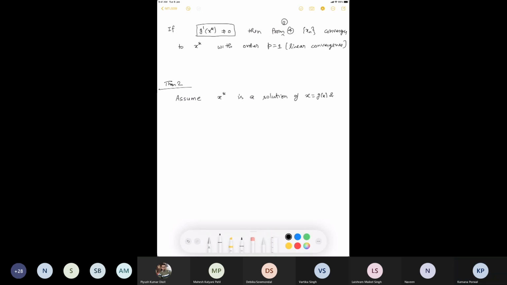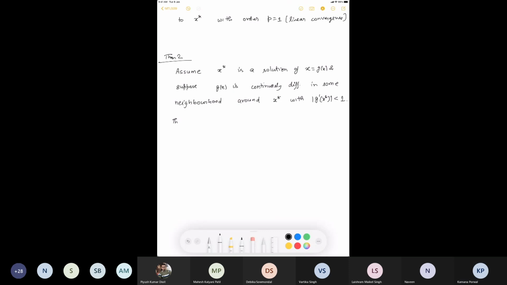And suppose g(x) is continuously differentiable in some neighborhood around x star, together with the assumption that the absolute value of g prime at x star is strictly less than 1.